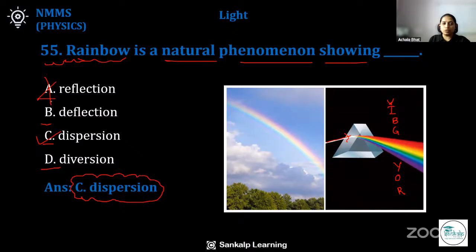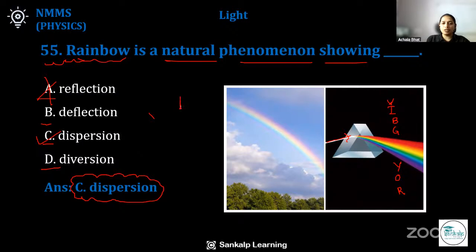Reflection, no. In reflection, what happens? Light bounces back from any surface. That is reflection. What is deflection then? Deflection is nothing but the act of turning aside or changing the path.